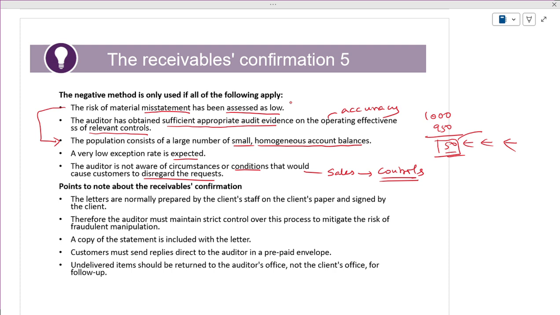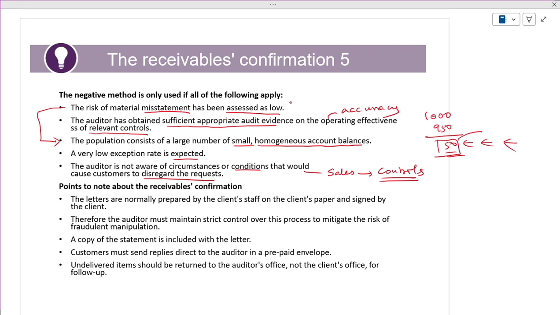The disagreement can happen in multiple cases, such as you have delivered the goods, but the goods are not as per specification, or the goods are damaged, or the goods are not as per the pricing. There are multiple ways. Okay, what are the specific ways where there is a negative confirmation?